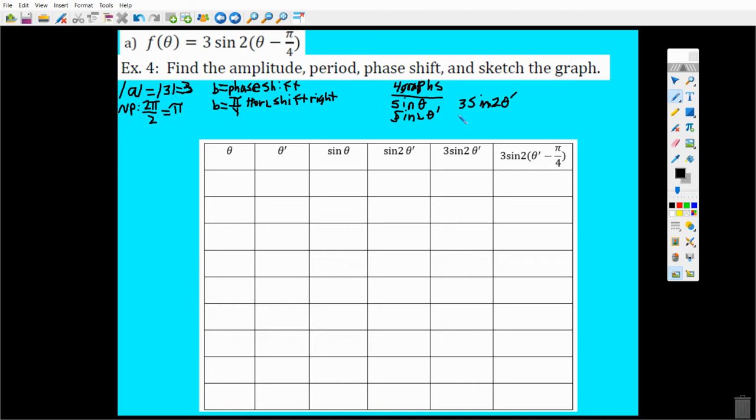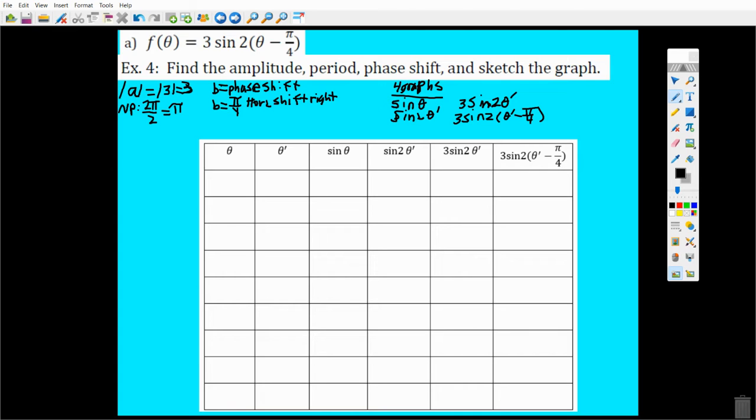And then finally, we're going to have 3 sine of 2 theta minus pi over 4. Again, I use that prime to indicate that these are the values that we're going to use because that's where these graphs complete their cycle. Sine theta completes its cycle again between 0 and 2 pi.